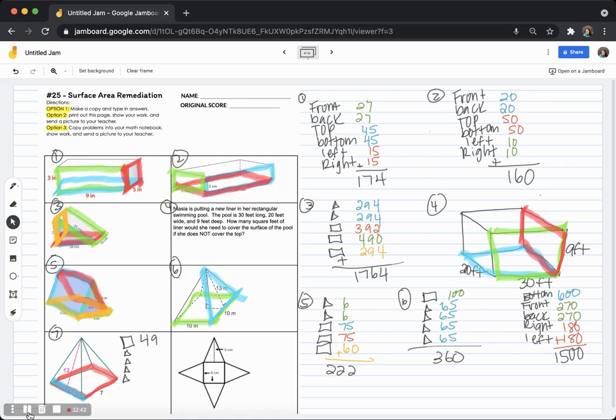The height of the triangle is 12. So 7 times 12 divided by 2, and that's going to give us 42. So every triangle is 42. And I'm going to add all that up. And that's going to give you a total surface area of 217.